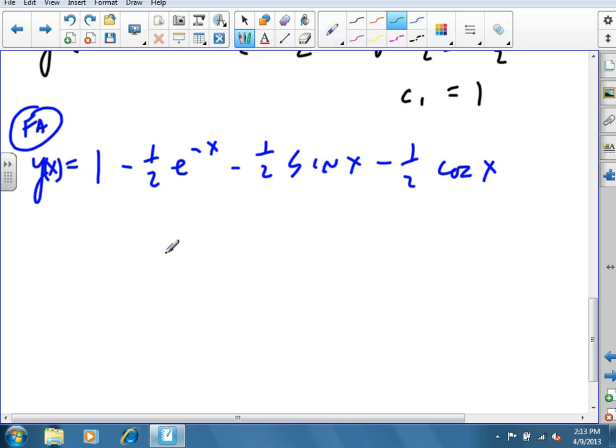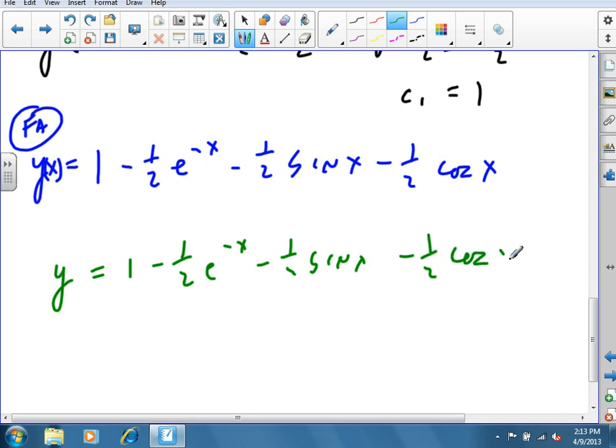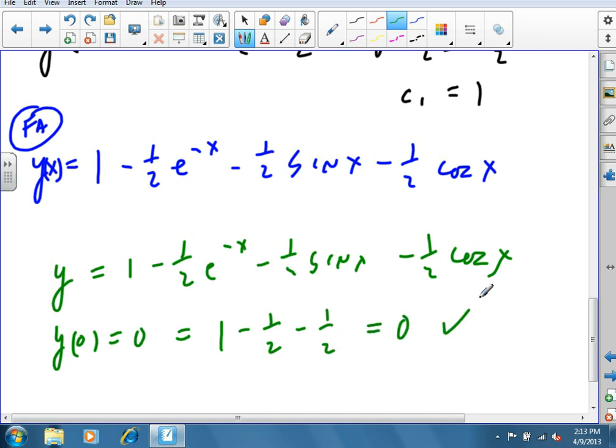Now we're going to check. The initial condition y at 0 is supposed to be 0. 1 minus a half minus another half is equal to 0. Check.